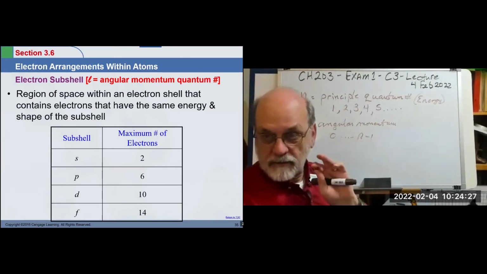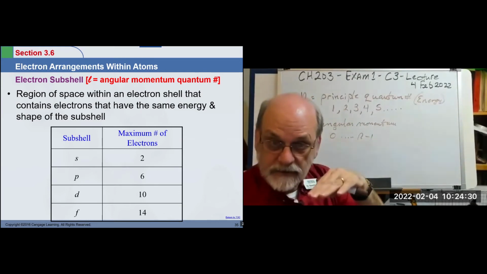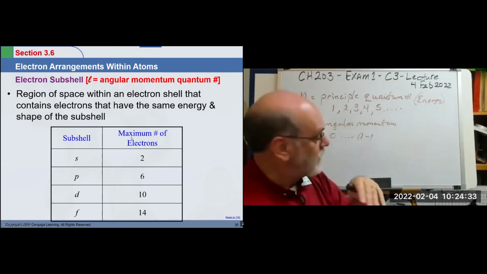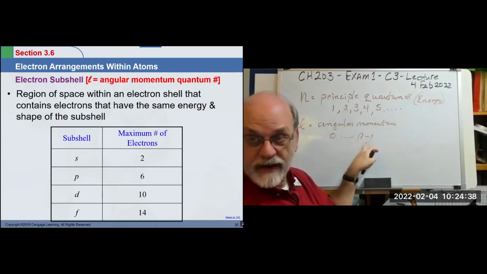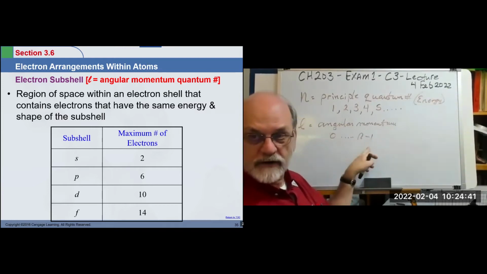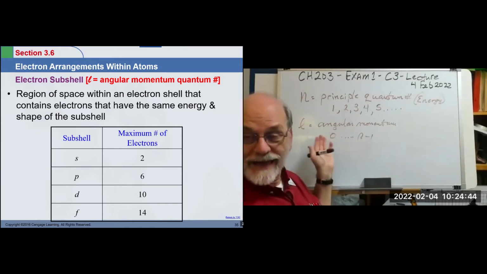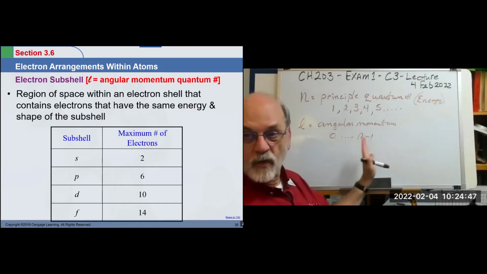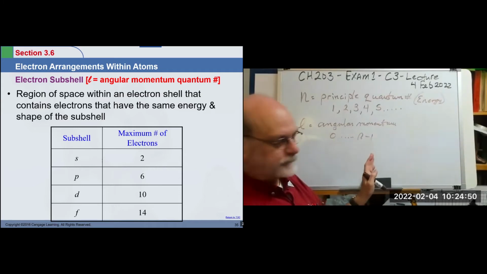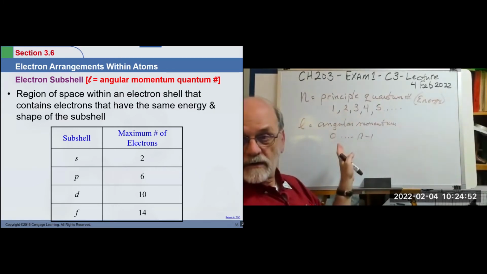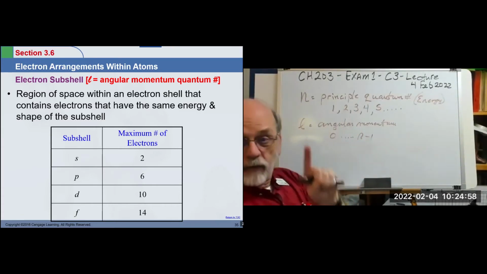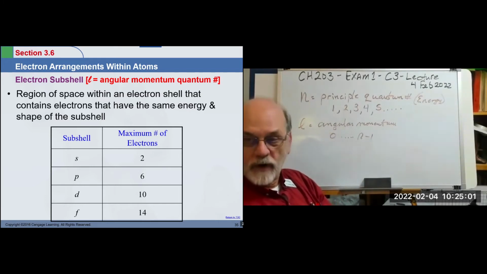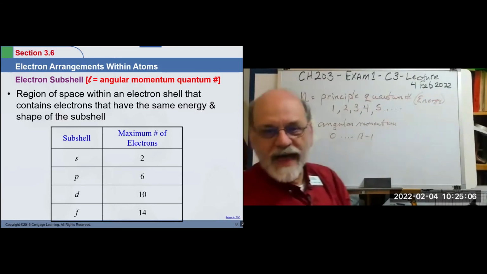We could have possible L sublevels, subshells they call them here, of 0, 1, and 2. 3 minus 1 is 2, so that's the maximum. So 3 can have 3 L sublevels with 0, 1, and 2 as their numbers. 2 can have 0 and 1. That's it, just 2 sublevels. 1 can only have 0, right? N minus 1, 1 minus 1 is 0. That's it.